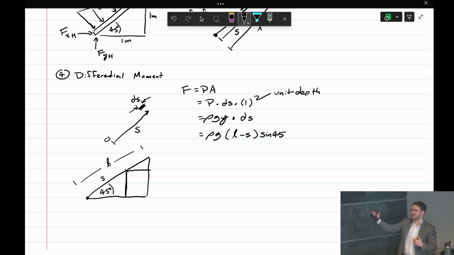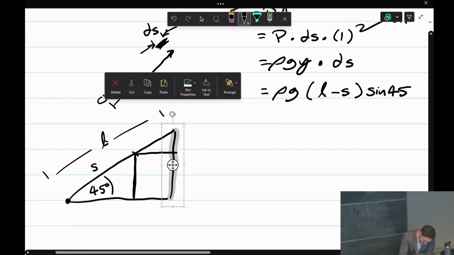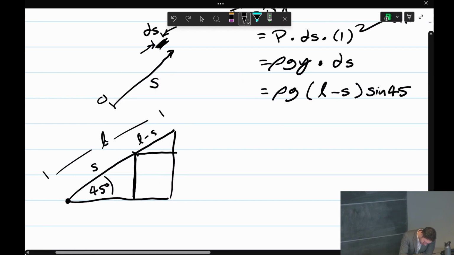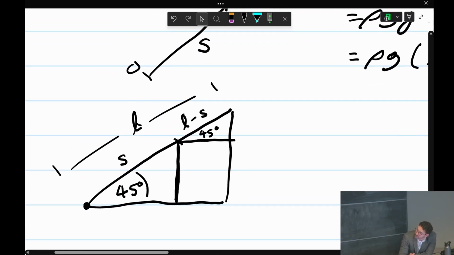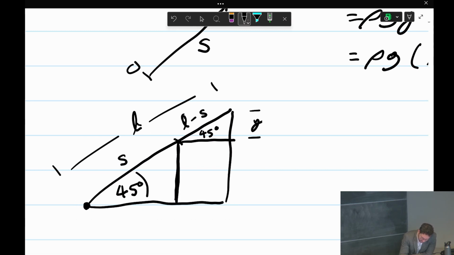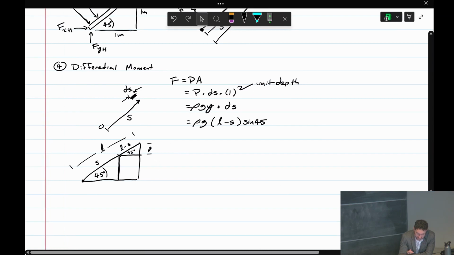So we've moved s up the gate, and the total length of the gate is L. So that means the remaining part of the gate is L minus s. And in fact, this angle is also 45 degrees in here. So that means the height of that differential element from the free surface, this is y. y is L minus s times sine 45. So that's how we compute the pressure, and then we do this times ds.